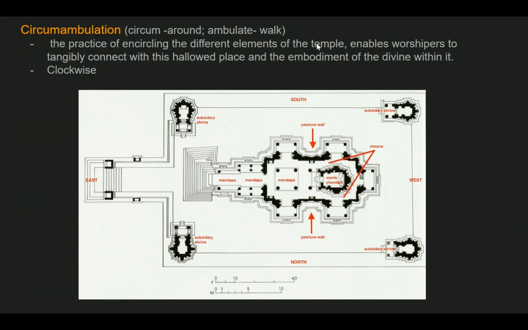And so in this practice, you would walk in a clockwise direction. Not only could you walk around the temple itself, but as you enter, there are multiple levels, and you're walking in this clockwise direction around. Where you're ultimately going on this circumambulation, a clockwise journey, is to enter the womb chamber.